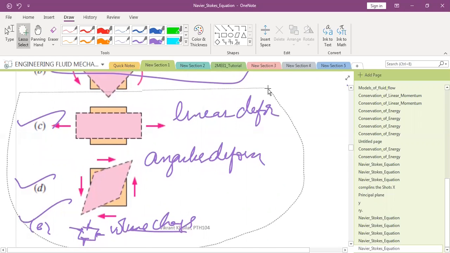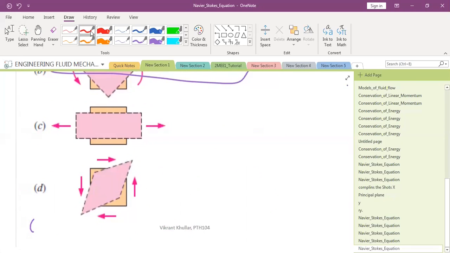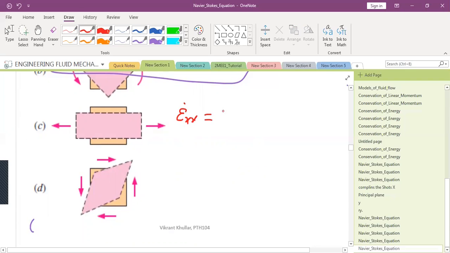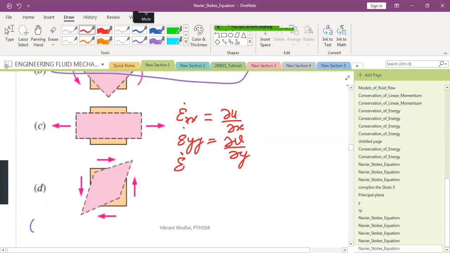So we discussed the other day, if you remember, the strain in linear direction, if it is Exx dot, this was equal to what? Curly U by curly X. Likewise, Eyy dot was curly V by curly Y. Ezz dot was curly W by curly Z. And we could represent this as this also.